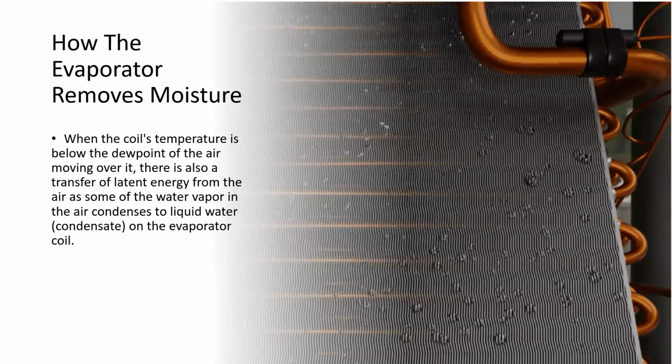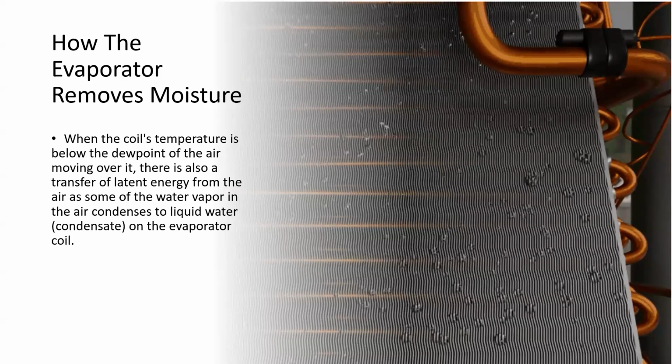So when the coil's temperature is below the dew point of the air moving over it, there is a transfer of latent energy from the air as some of the water vapor in the air condenses to a liquid. That's the condensate that you see draining away from the evaporator coil.